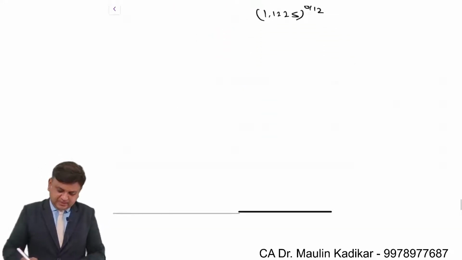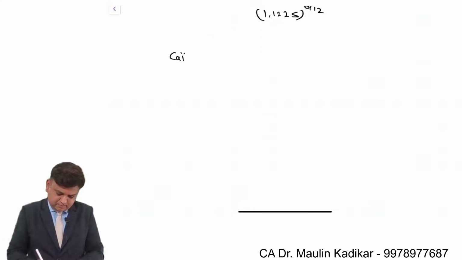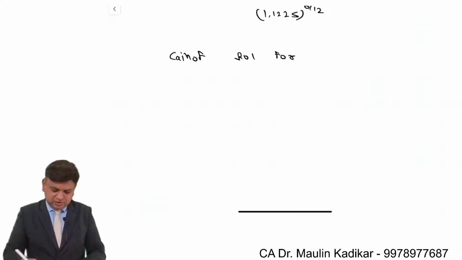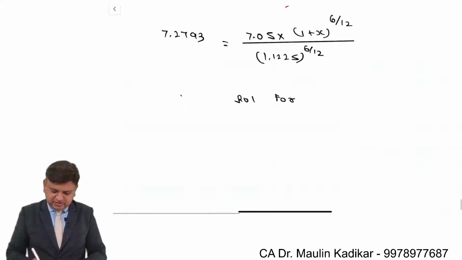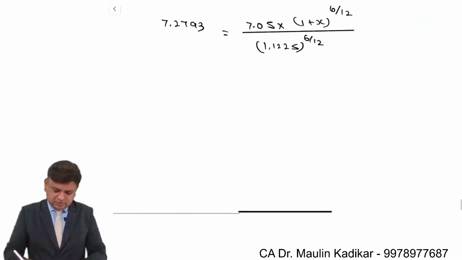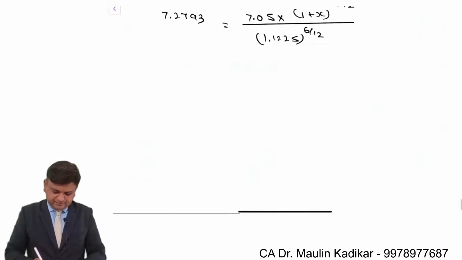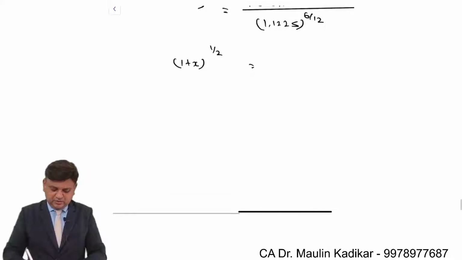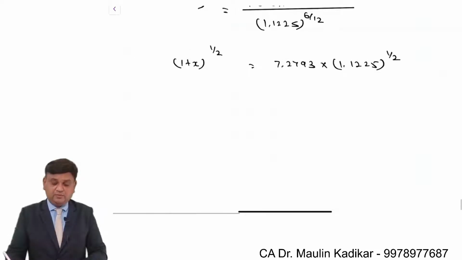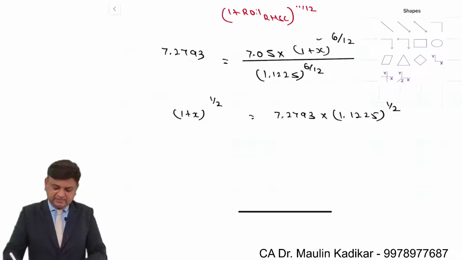I just have to simplify the equation. So 1 plus x raised to 6 by 12, which is 1 by 2, is equal to 7.2793 into 1.1225 raised to 1 by 2, divided by 7.05.